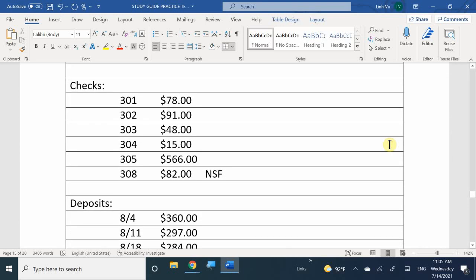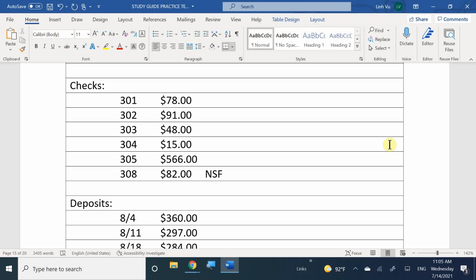How many of them actually cleared? 5. Which one is missing? Number six. 306 is missing.